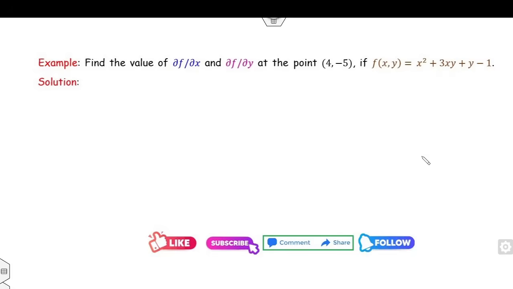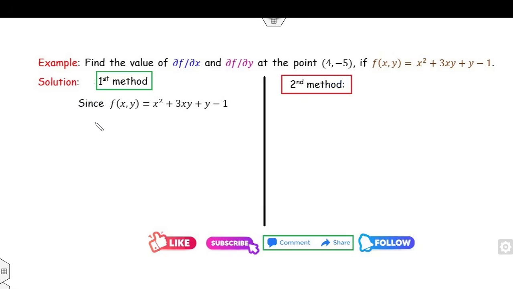Now look at this example. I will tell you two different methods to find del f by del x. First, with the help of the meaning of del f upon del x for the function f. What is the meaning of del f by del x? That means y is my constant.